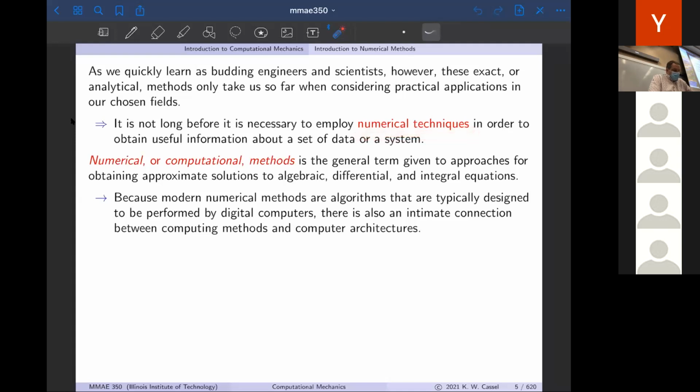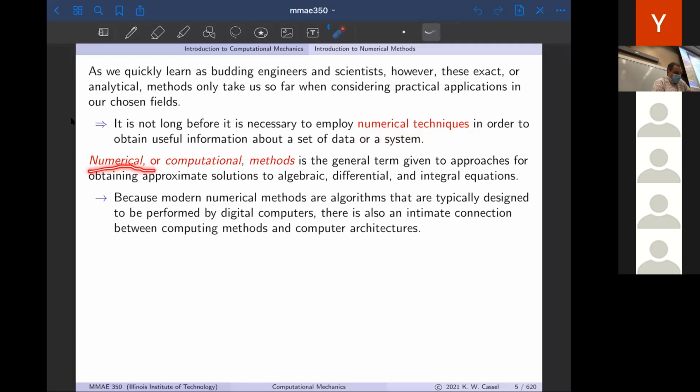These are approximate. They do not give us exact solutions, so we have to sacrifice something. But what we gain is the ability to solve problems, whether it's differential equations, derivatives, integrals, algebraic functions, that we cannot solve exactly in closed form. The sacrifice we make is that we're only going to get approximate solutions, not exact solutions.